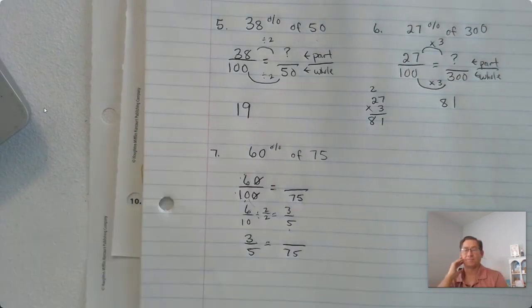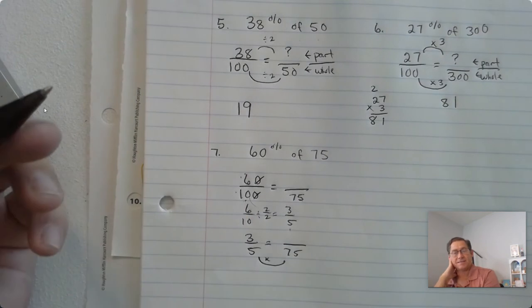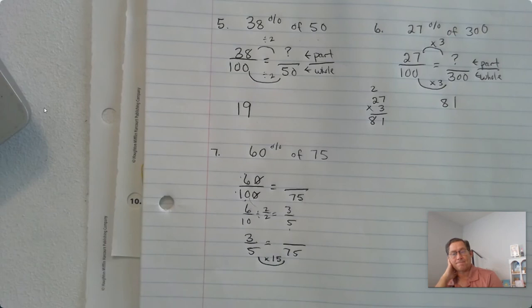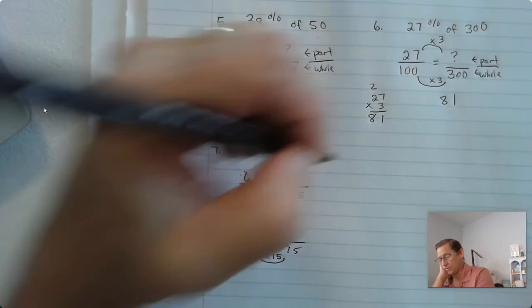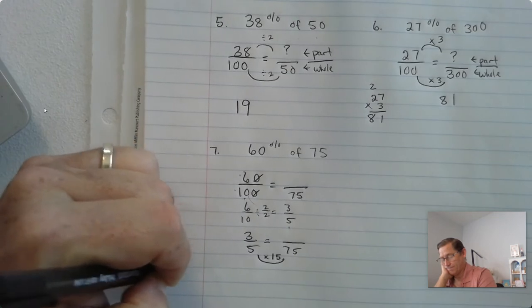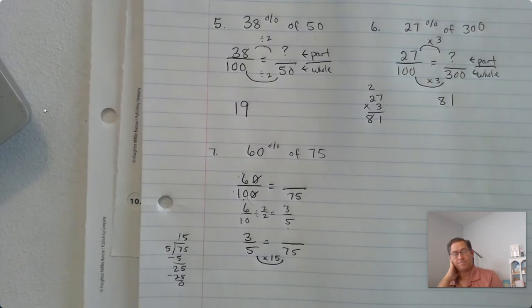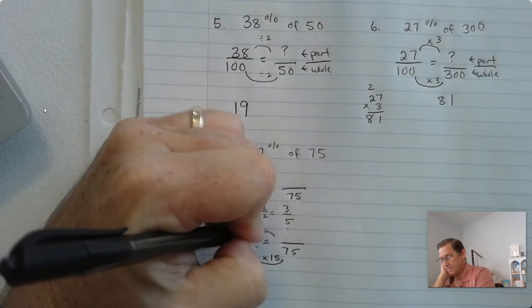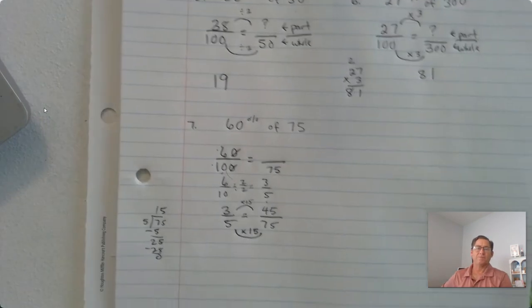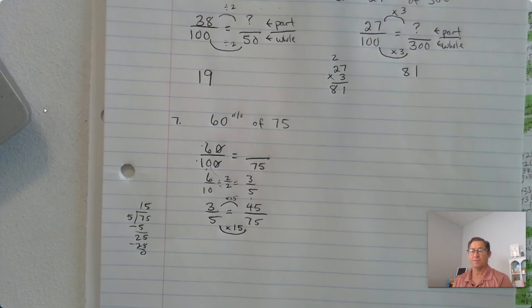So now I can easily convert this. So how many 5s does it take to get to 75? It takes 15. Okay. If we're not sure, we go 75 divided by 5. Okay. So 3 times 15, 45. Okay, so now let's say you got to this situation, you're like, oh, I don't know what to do.